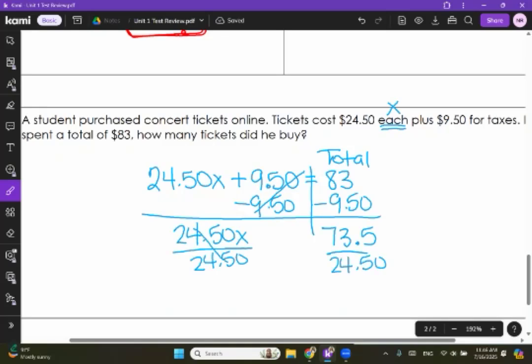Those are some ugly numbers to divide. But 73.50 divided by 24.50 is actually 3. They purchased 3 tickets.